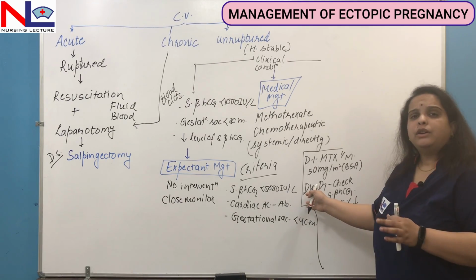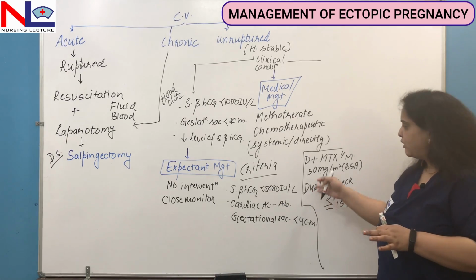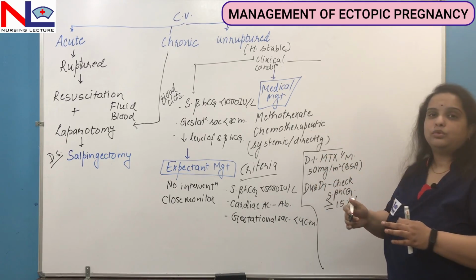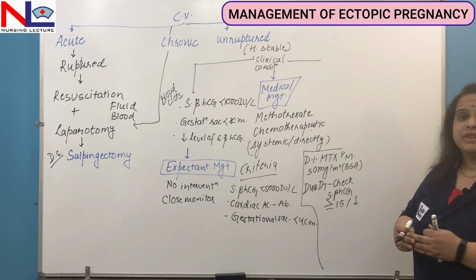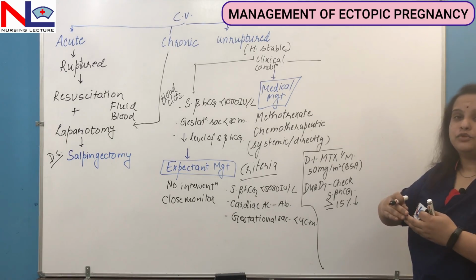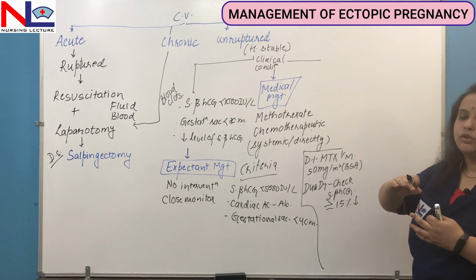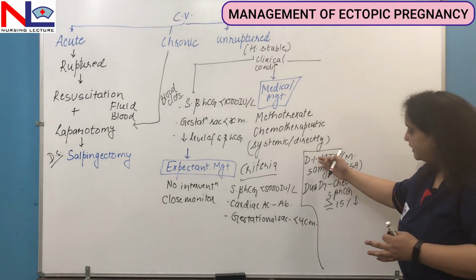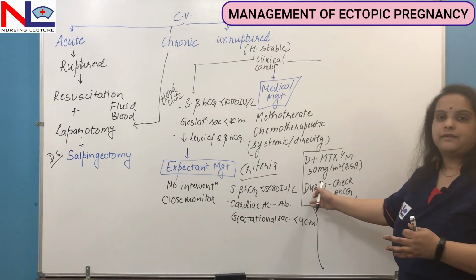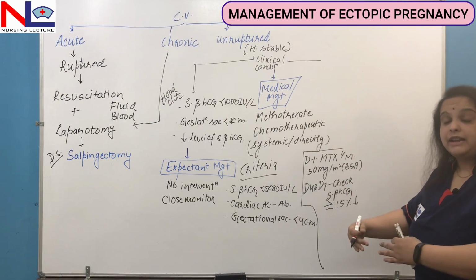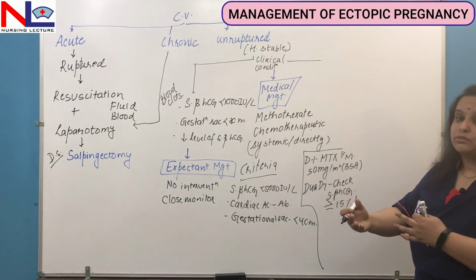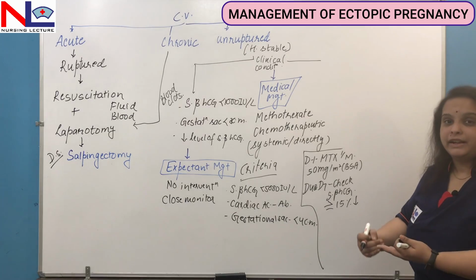So why are we checking on day 4 and day 7? Because initially after day 1, up to day 4 and 7, the beta HCG level usually rises and falls. Both will happen. So we take day 4 and 7, where if the medical management is working, the value will be decreasing.